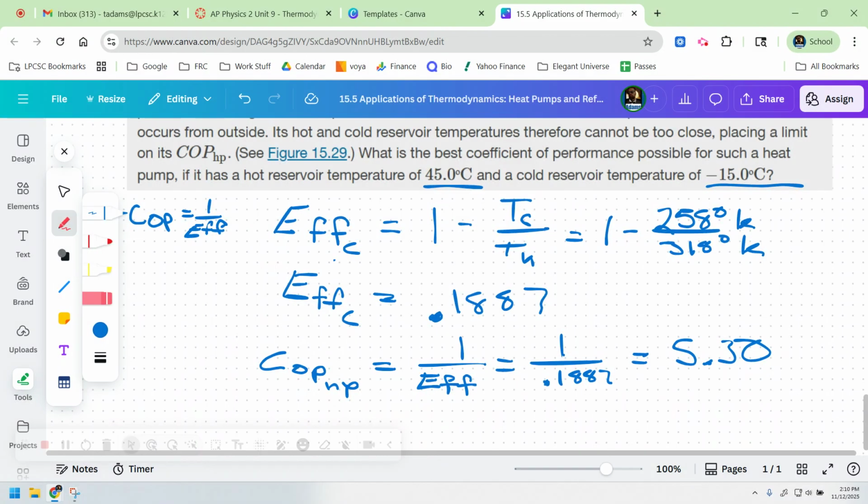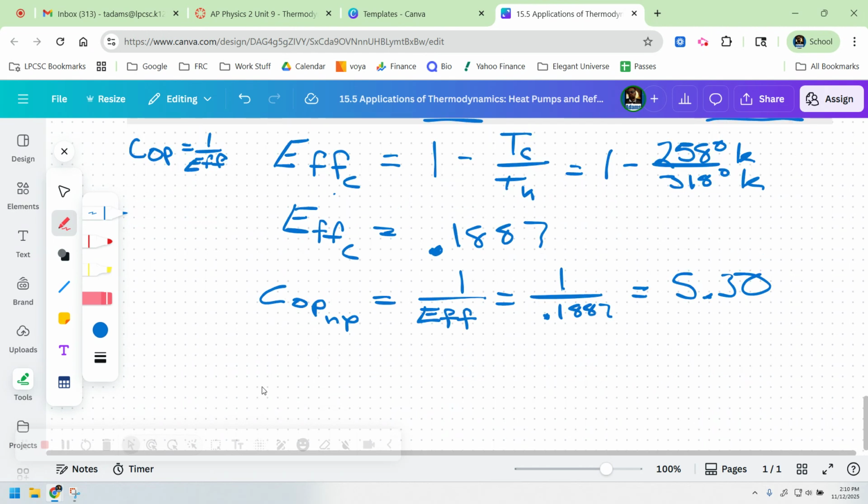Now, this is an interesting thing. I don't know if you remember this, but at the very beginning of our notes, we said that our coefficient of performance is the same as the high heat divided by the work.